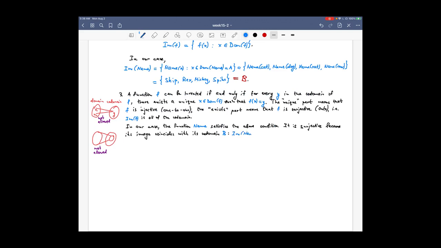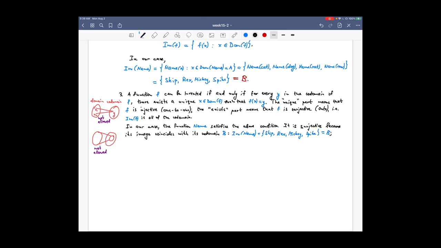Image of name is the set consisting of Skip, Rex, Mikey, Spike, and that's the entire codomain B.